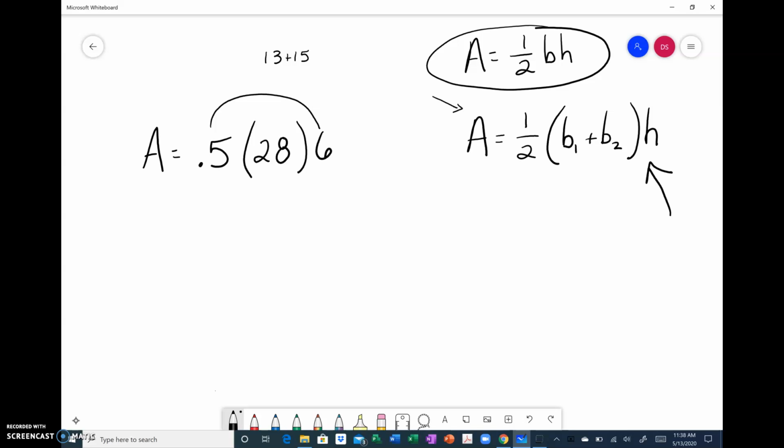I could do half of 28. It doesn't matter. Whatever's easiest for you. But in my situation, I'm going to come up with 3 times 28. And then when I multiply 28 times 3, I get 84 inches squared for the area of that trapezoid.